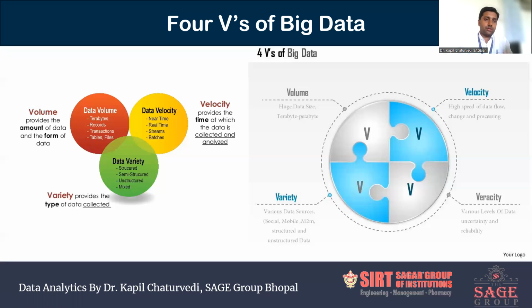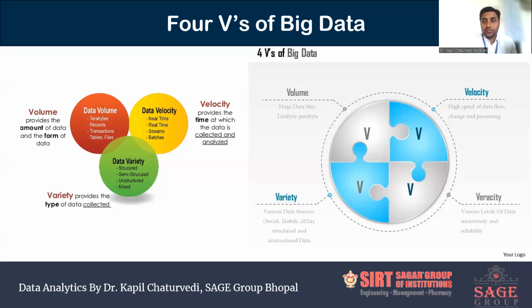If you do not have the data with time orientation, it means we don't know at what time what data was generated. So many times we cannot use that kind of data for knowledge discovery, because we don't know at what time the data was generated. So we must know the data with velocity. It means we must know the data with the time.